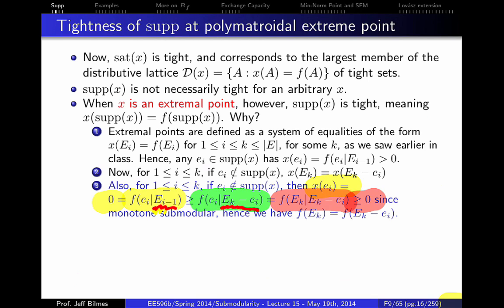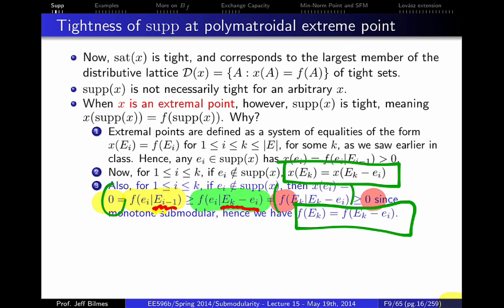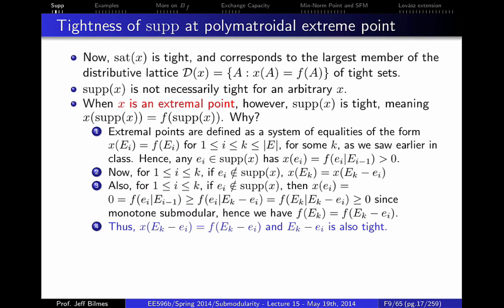And so when we look at this part here and 0, we've got that the whole thing is equal. So f of e_k is equal to f of e_k minus e_i. So we've got that, and we've got this. Those two things together, highlighted in yellow, mean that we've also got tightness when we remove e_i from e_k.